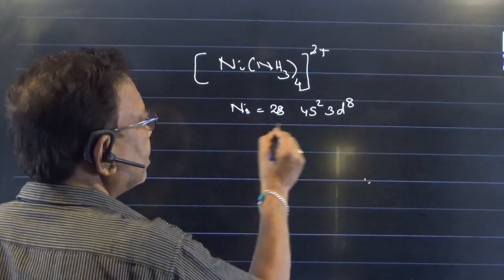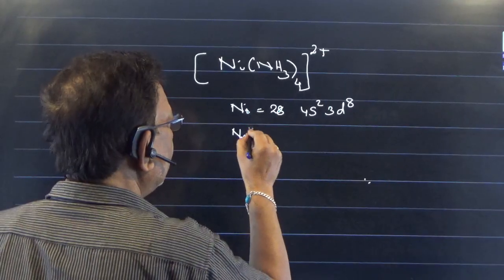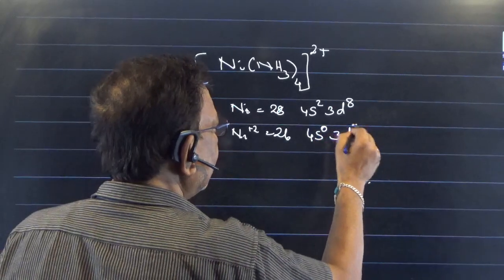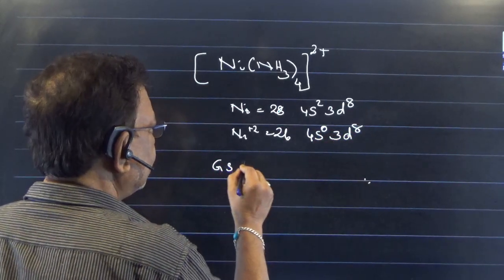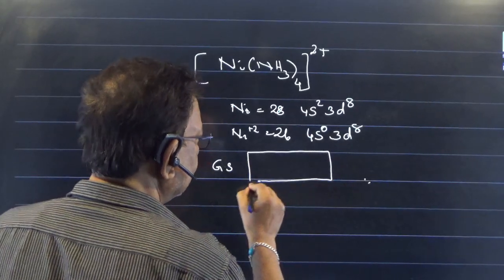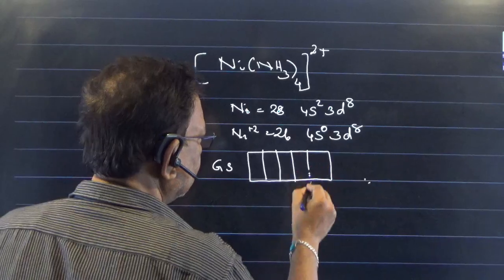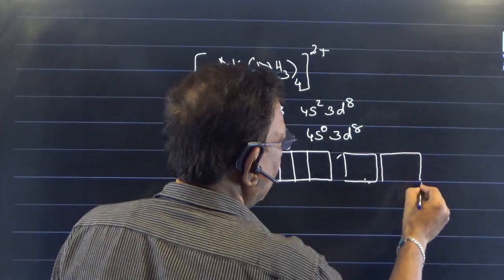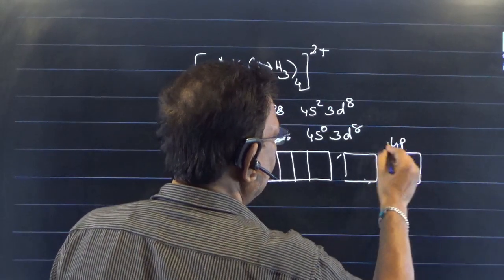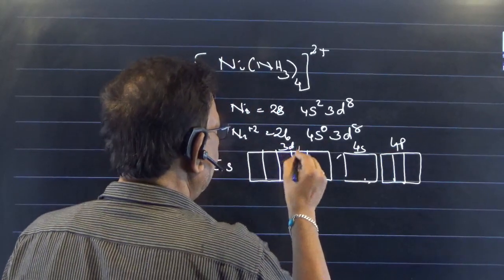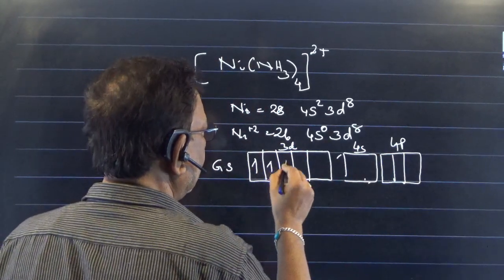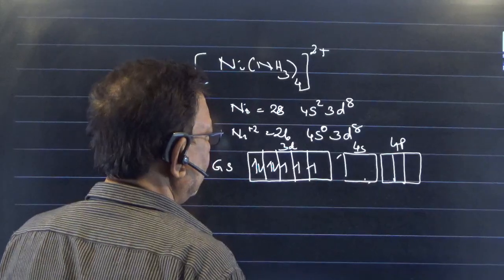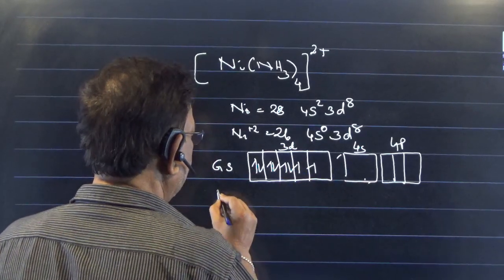Here the nickel oxidation state is Ni 2+, which is 26, 4s0 3d8. Now, ground state, excited state.